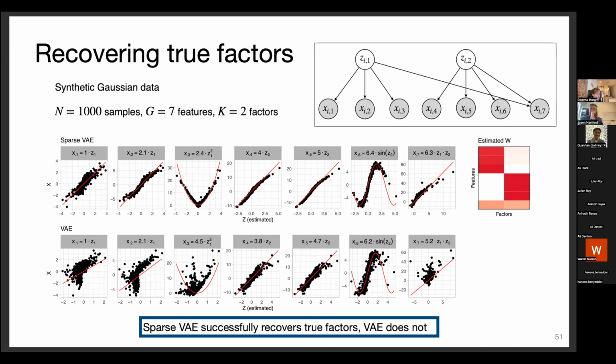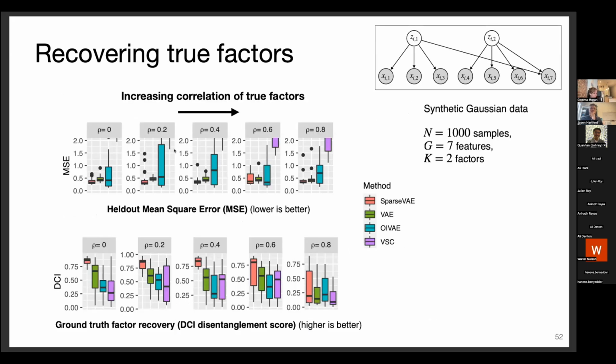We can compare this with the VAE, which seems to get the second factor correct or almost correct, but really can't learn the first factor. This interaction term between Z1 and Z2 is messing up the VAE, in that it's learning some kind of combination of the 2 as opposed to disentangling these 2 latent factors.